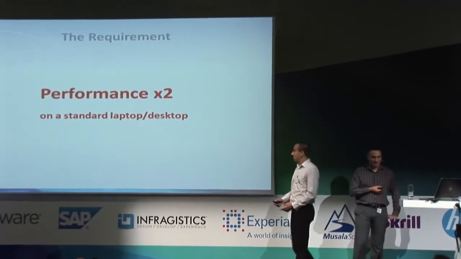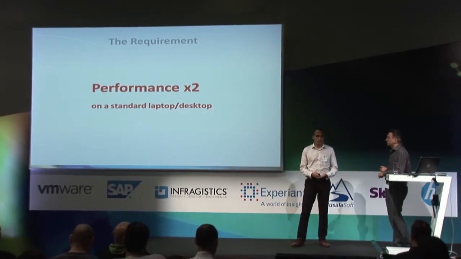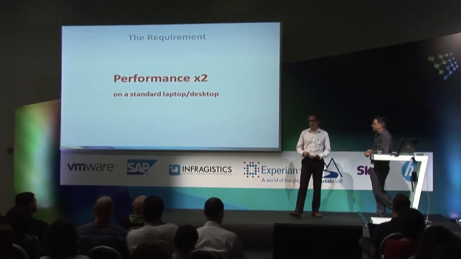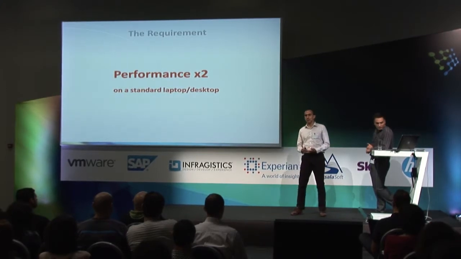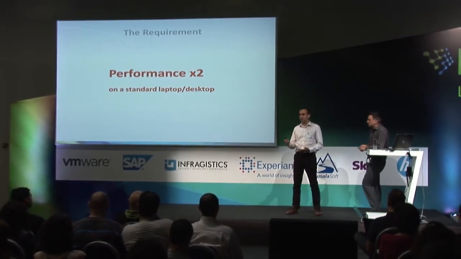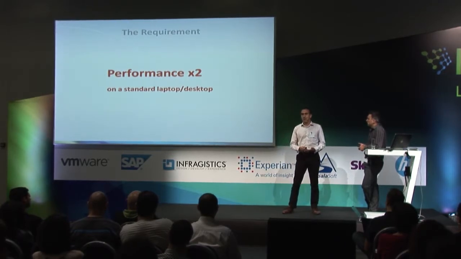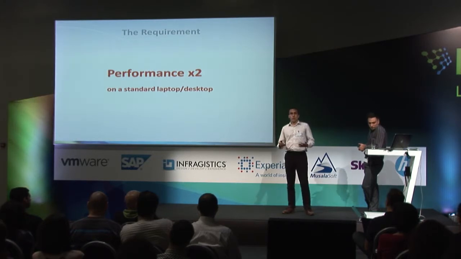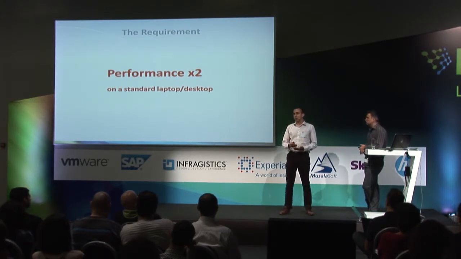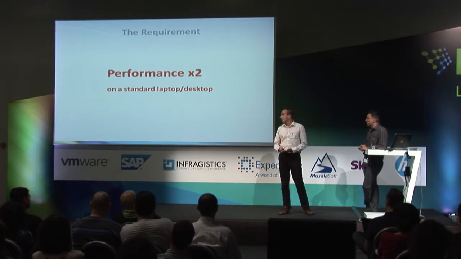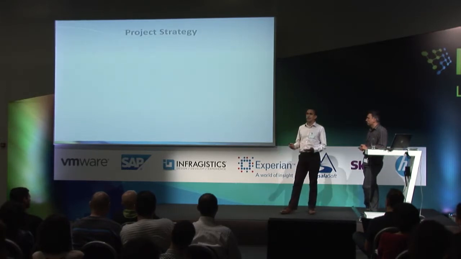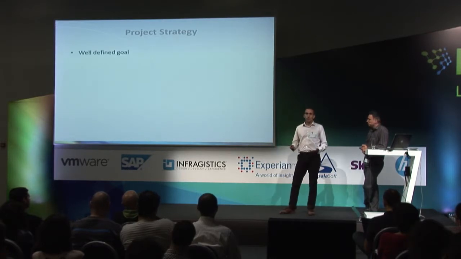Okay, so now we have a requirement to increase the performance of the application. And such kind of projects usually have a lot of uncertainty in them, because this requires a lot of redesign of the system. Also, you are not sure everything you touch, how it will really increase the performance. So we should start with a well-defined strategy for how to achieve that. And first, we should start with a well-defined goal. We have the right requirements.